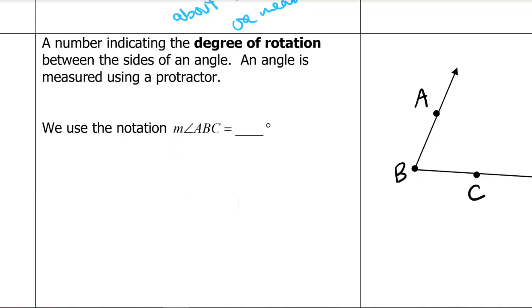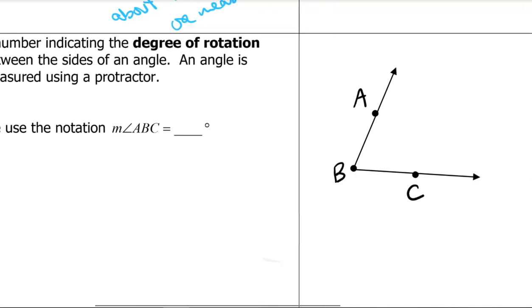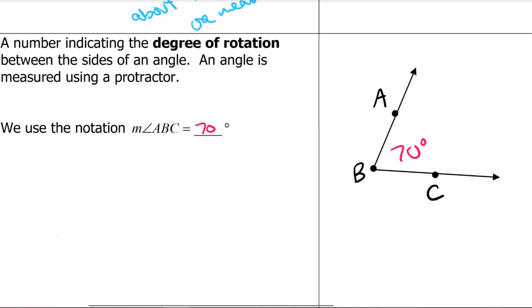And then whatever value we measure, say this angle measured 70 degrees, then we would say that the measure of angle ABC is 70 degrees. That little M means the word measure, so when we talk mathematics, we say the word measure in the space where that little M is. So make sure you talk mathematics correctly.